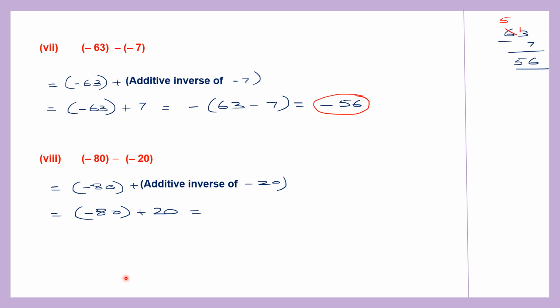So now we have two integers to add. One is negative, one is positive. So we put the sign of the bigger number, which is negative, and we subtract. So 80 minus 20 is 60. The sign is minus. So here we have our answer, negative 60.